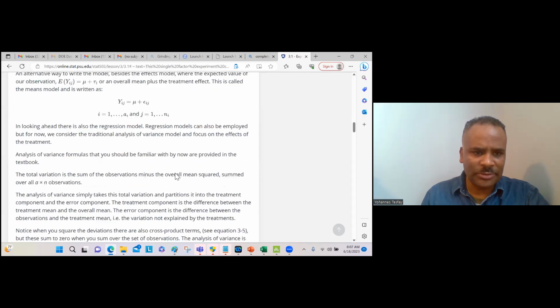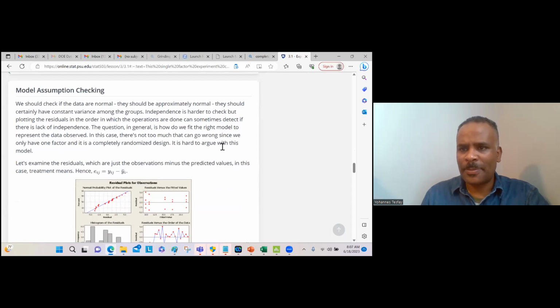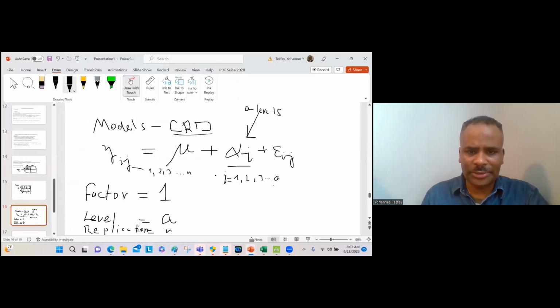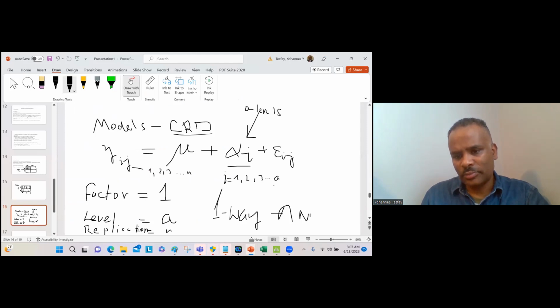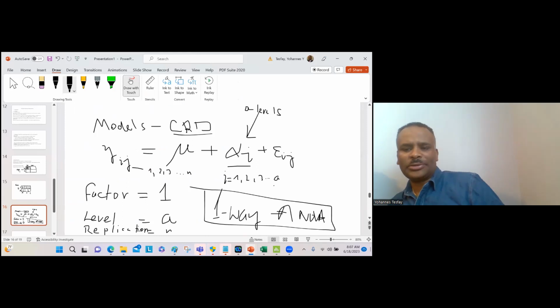This is analyzed using one-way ANOVA, analysis of variance. Just like that.